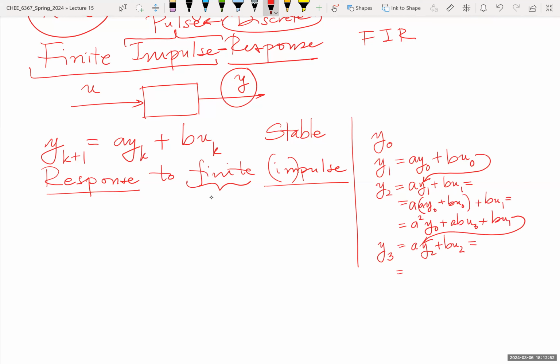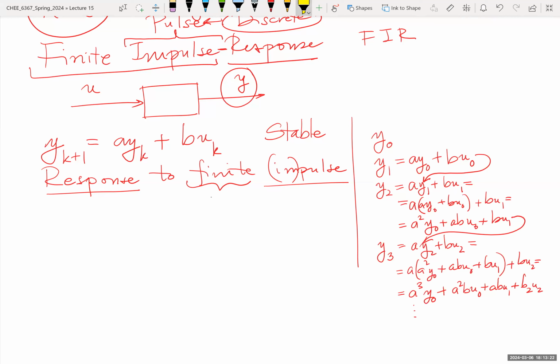So this is going to be a squared y0 plus ab u0 plus b u1 plus b u2, which is equal to a cubed y0 plus a squared b u0 plus ab u1 plus b u2. And I will keep going. You see the pattern now.